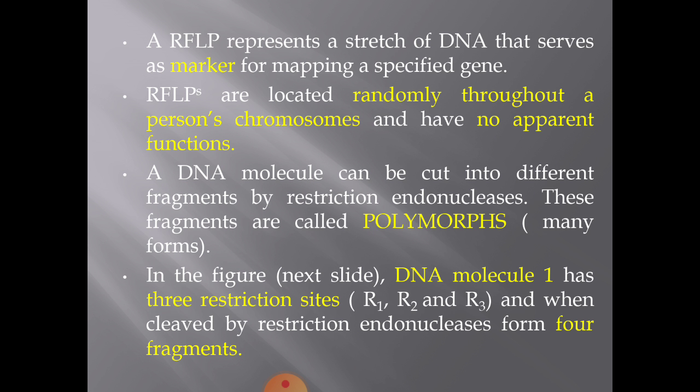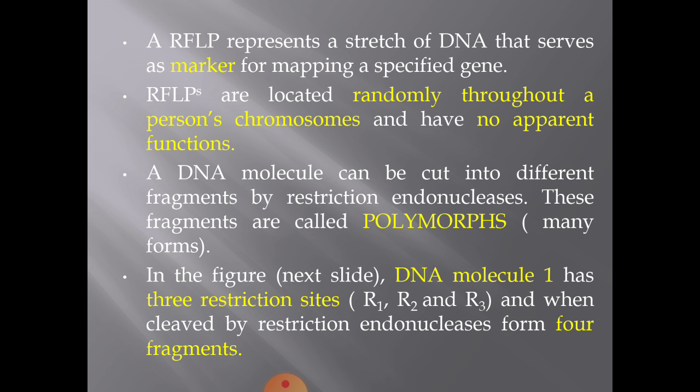They are restriction fragments, and their length varies from one fragment to another depending upon the place of the presence of the target site. Therefore, you get many forms, polymorphism. That's what I meant by restriction fragment length polymorphism.